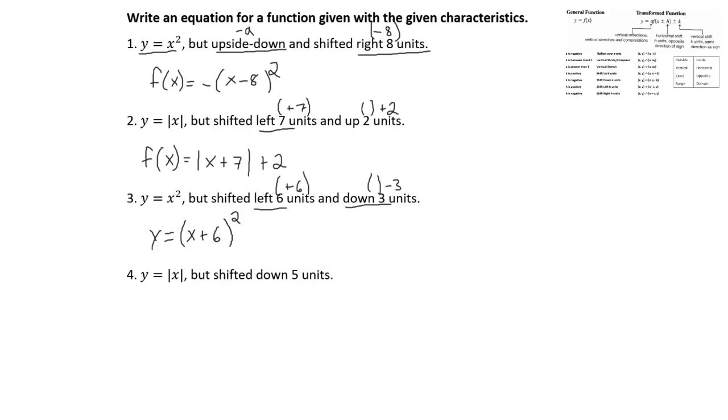Don't forget to put your squared there because it is a quadratic, and then your minus 3 on the outside. We have absolute value of x again, but this one is shifted down. So down affects the vertical, so that's on the outside, so minus 5. So this would be f of x equals absolute value of x, and then on the outside, minus 5.